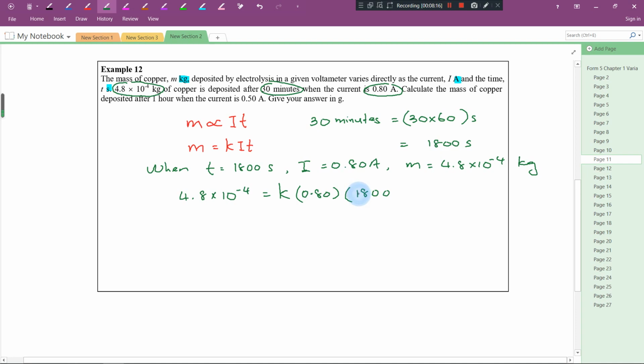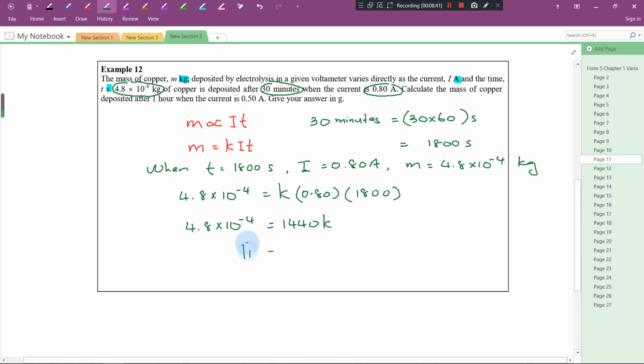Let me press the calculator: 0.8 times 1800 is 1440.